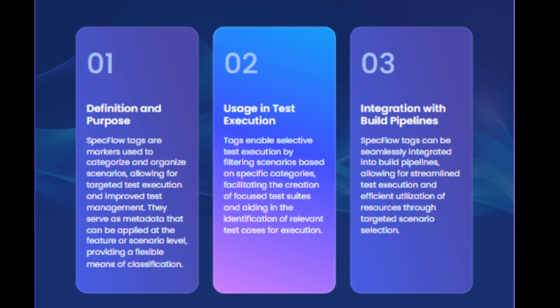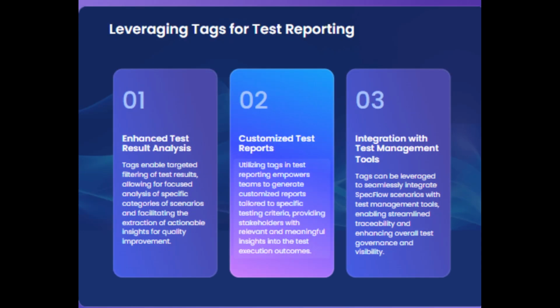So what we can do is define a tag name as smoke, and we can decorate all the features and all the scenarios as smoke. Those test cases will be executed when we use the smoke tag and run it. You will be able to understand this in more detail when I create multiple test cases, and I will show you how to use that tagging.